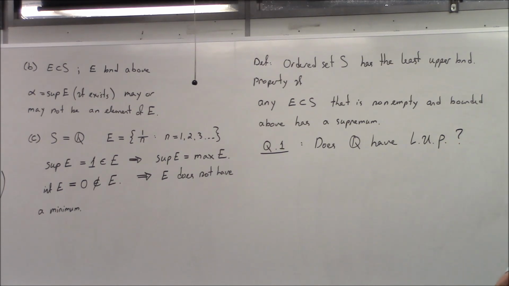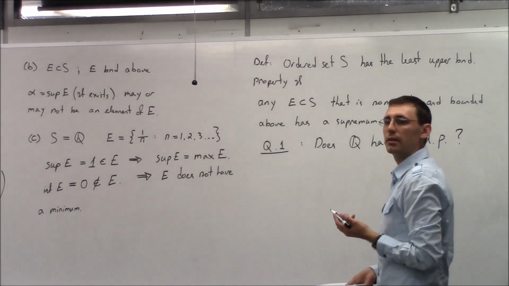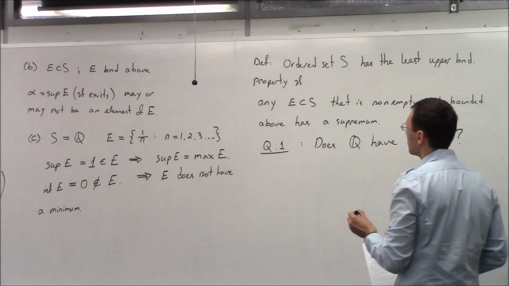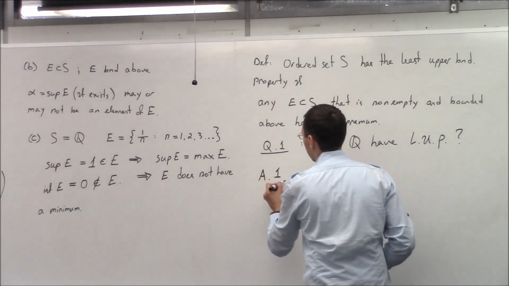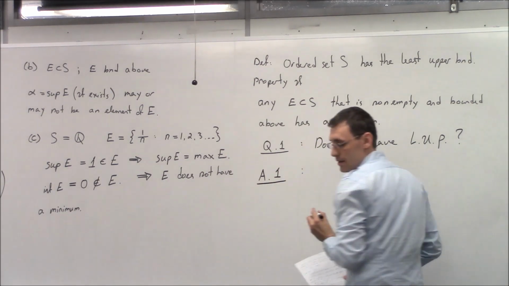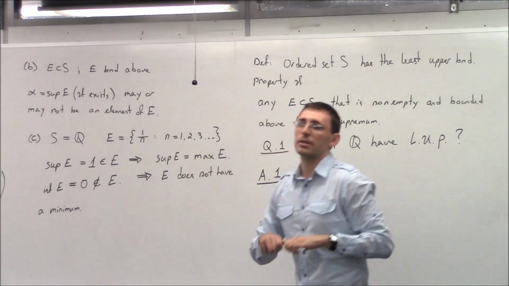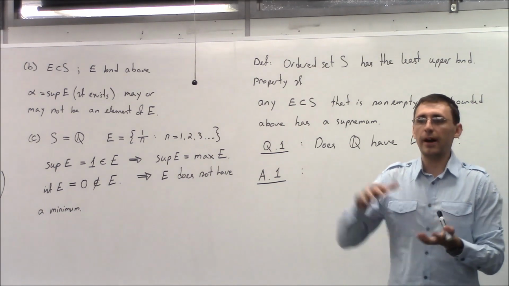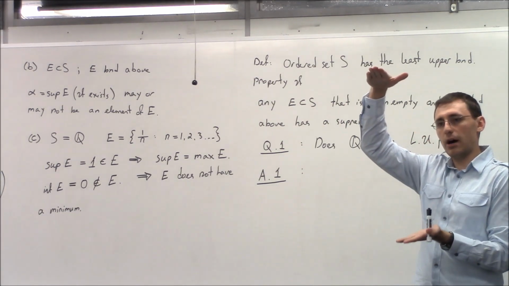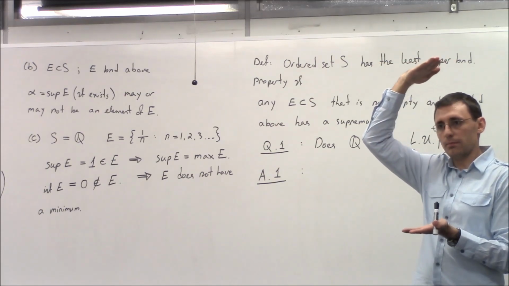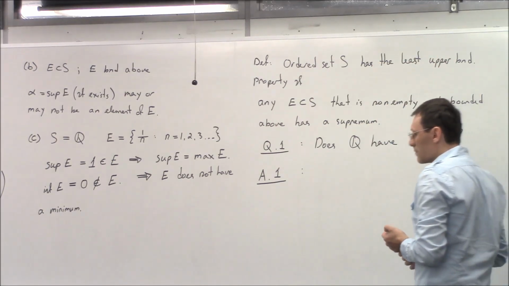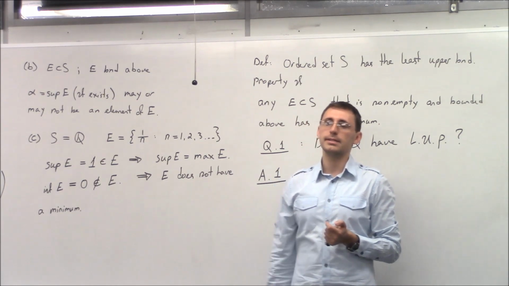Does Q have the least upper bound property? So do you understand the question? What the question is saying is, if I find a set that is bounded above, will it contain a supremum? Will it contain the least upper bound?